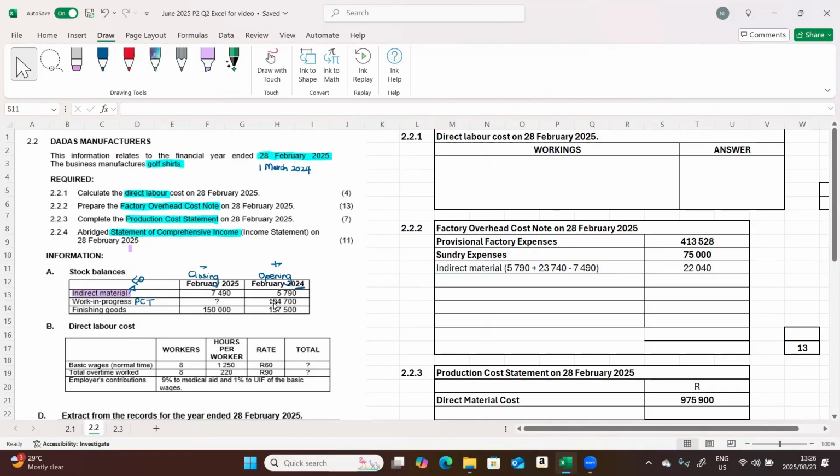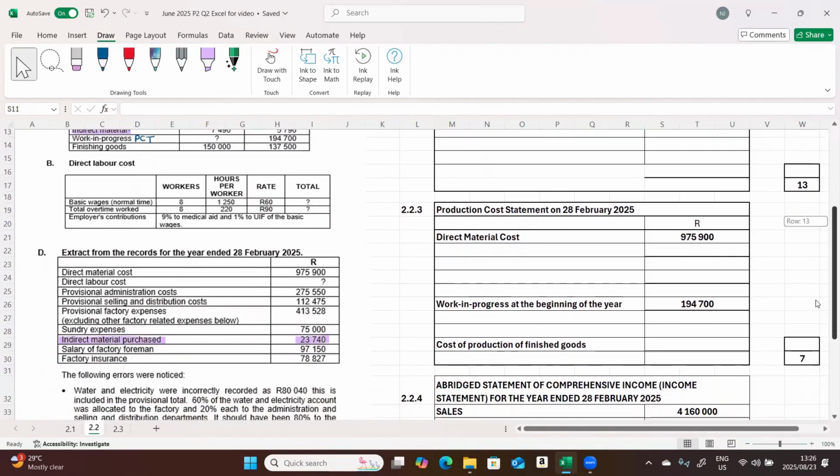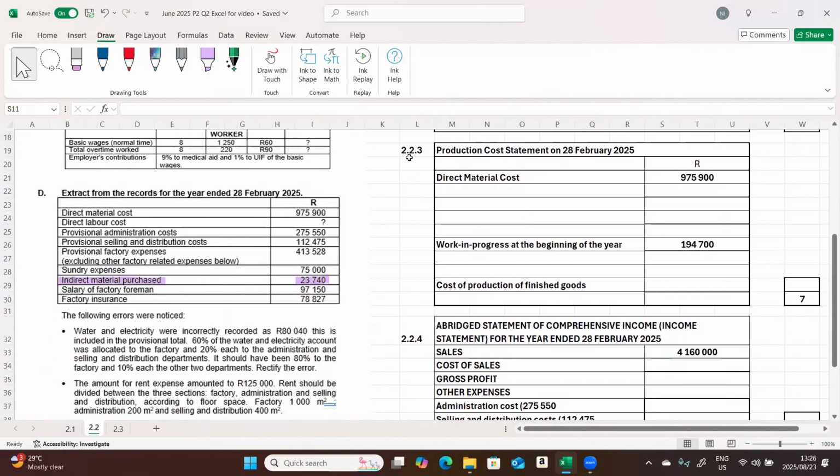Just go and make sure that your 194,700 is actually on your production cost statement. So here is my production cost statement at 2.2.3, production cost statement on 28 February. And now you can see my work in progress at the beginning of the year of 194,700 is already entered into my production cost statement.